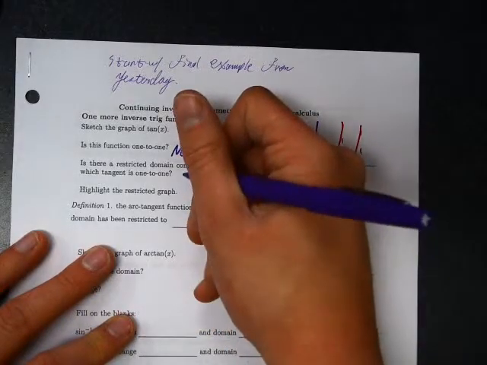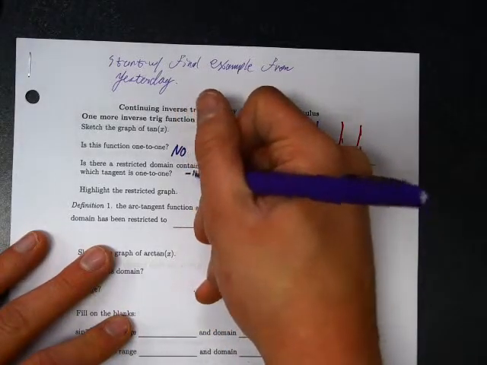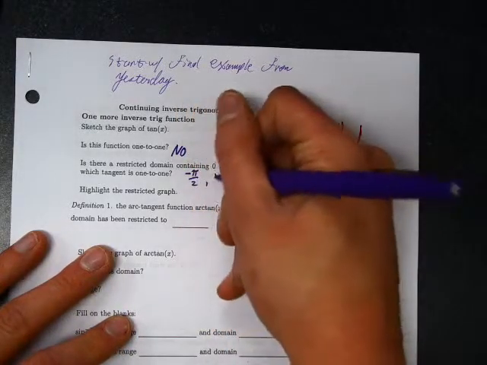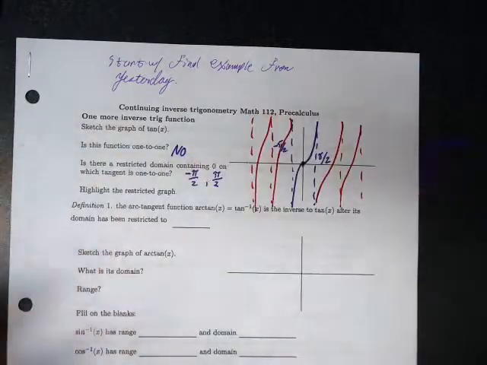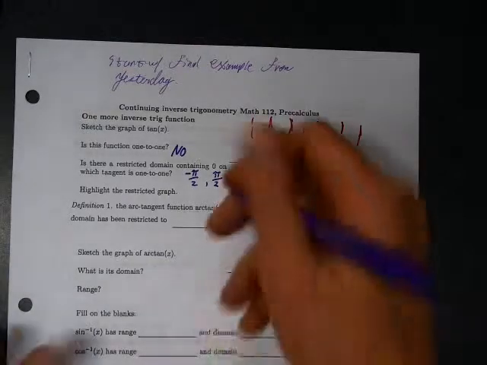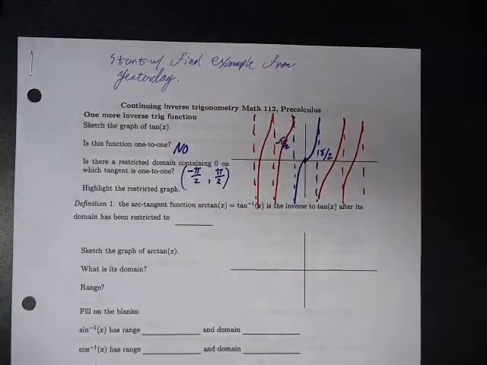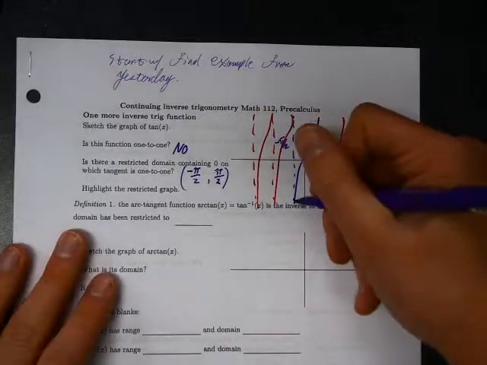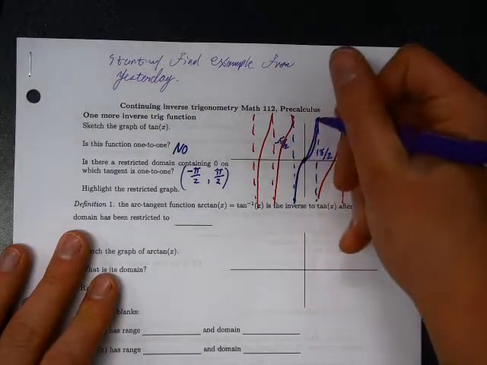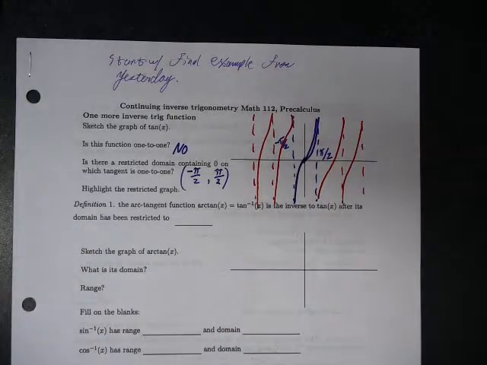No. Is there a restricted domain containing 0 on which it is 1-to-1? Yeah. Negative pi over 2 to pi over 2. Should I include the endpoints? Why not? They're asymptotes. There's a vertical asymptote there, so those are definitely excluded. So I'm only going to take this purple piece of the graph when I invert it.